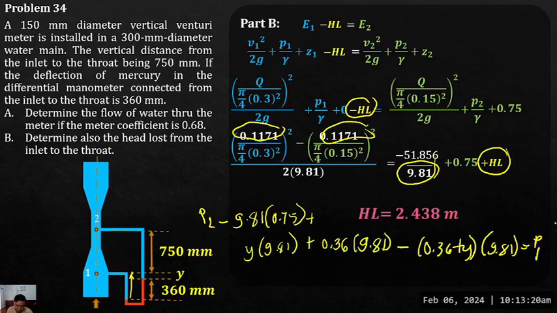Pero practically speaking, hindi natin yan ginagawa, di ba? Sa laboratory, if meron kayong lab, sa venturimeter. Hindi tayo naglalagay ng isa pang liquid, no? For a U-tube manometer, yung pressure ng tubig, let's say ganun.